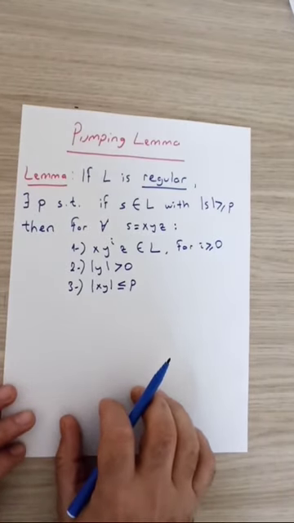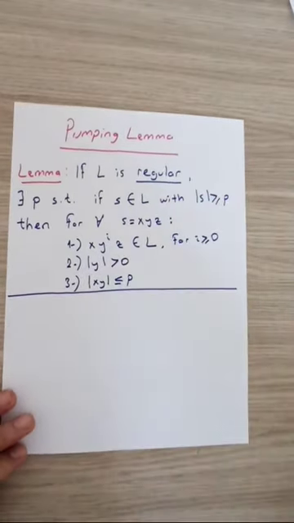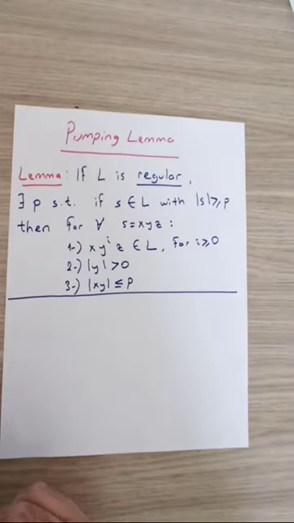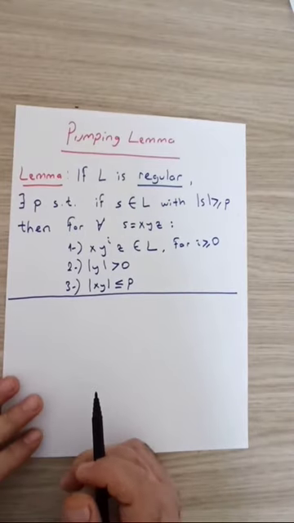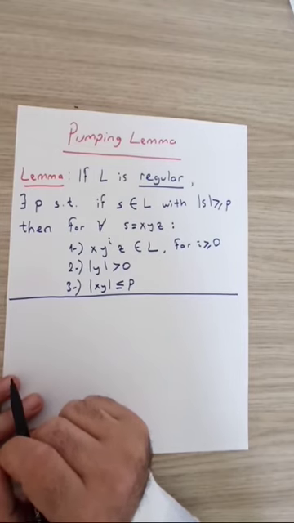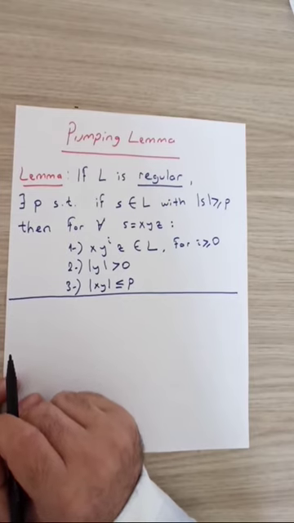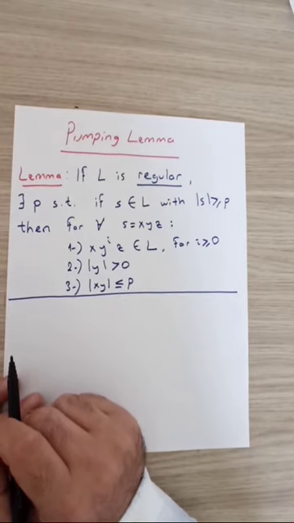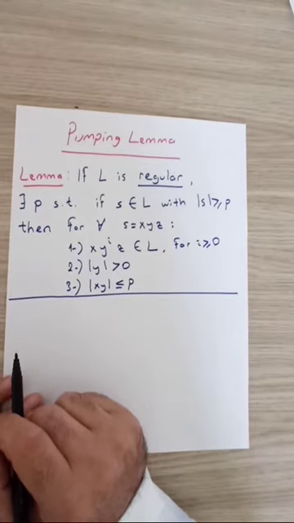Okay, this is the lemma. Let's try to see a proof sketch of this lemma. How can we convince ourselves that this lemma is true? We will not do a full proof. You can find the full proof in your textbook, but we will just try to show a simple proof sketch.